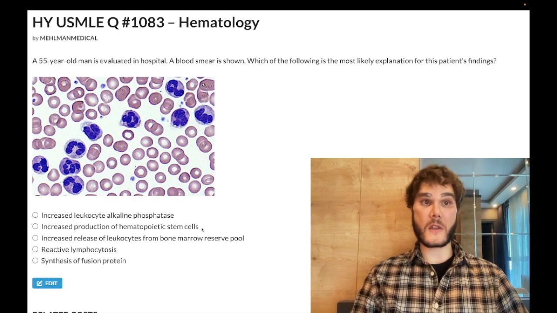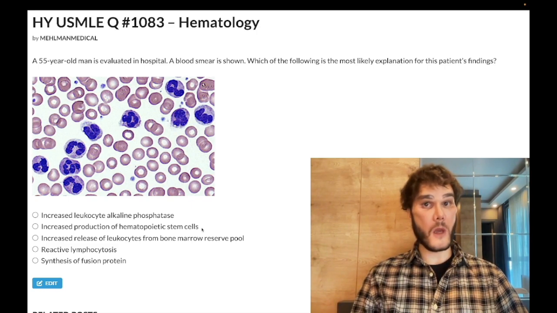EPO is actually suppressed in those patients due to negative feedback, but it's a JAK2 mutation. Don't confuse with reactive polycythemia or secondary polycythemia where only your RBCs are high. That could be lung disease where your oxygen tension is very low, the 80s or lower for saturation. It could be renal cell carcinoma that secretes EPO. Only your RBCs would be high.